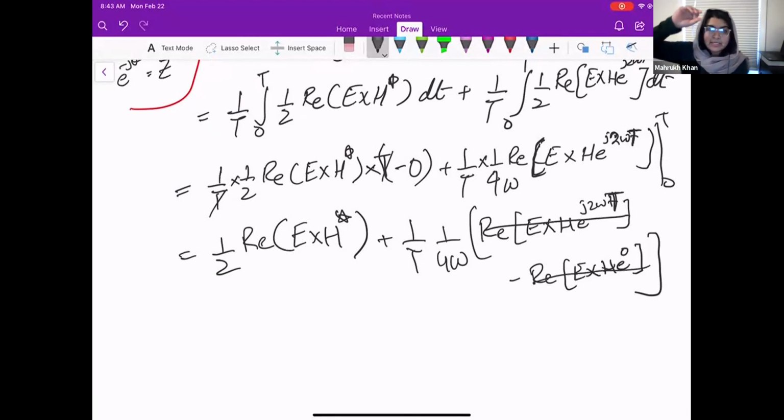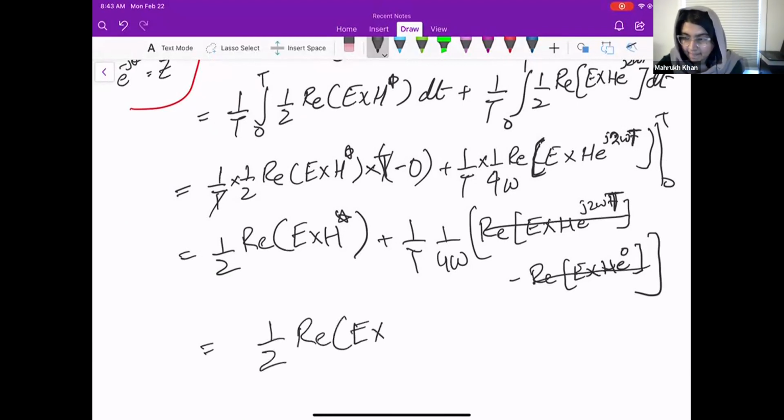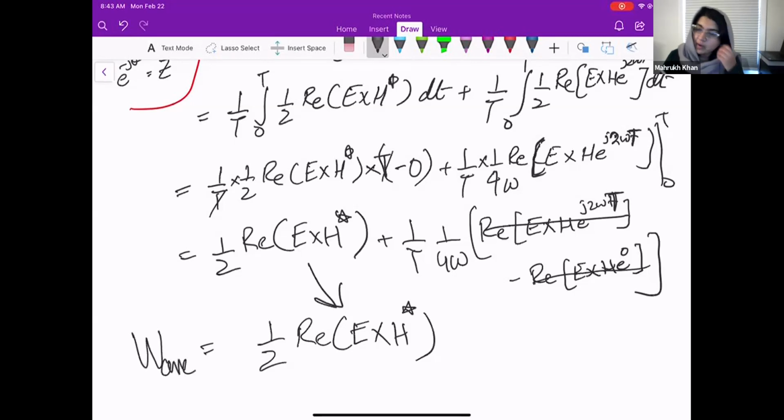It's like e to the j2 pi and e to the 0, real part of that. So that's why we are canceling them, and the only thing that will remain is this thing, which is our average power density.